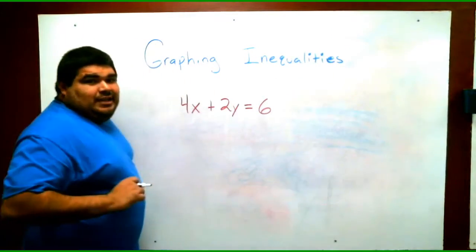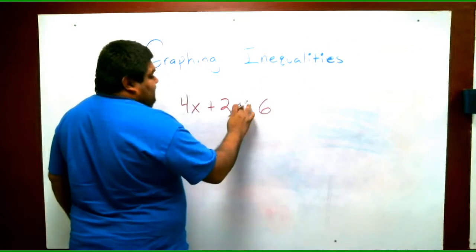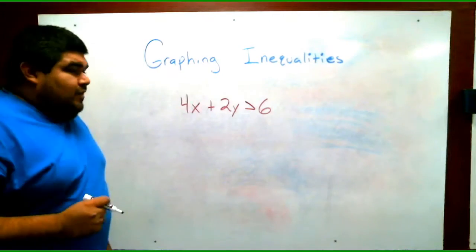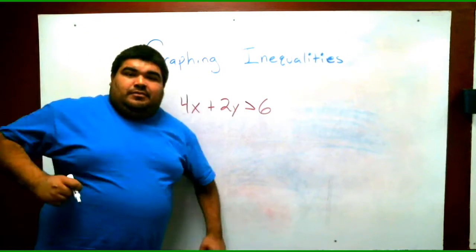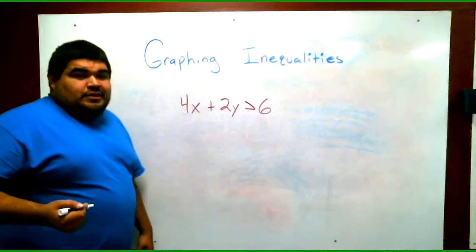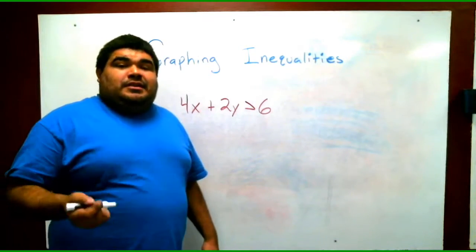Instead of the equal sign, since we're dealing with inequalities, today we're going to have a greater than, okay? Which means that whenever you're dealing with greater than or less than, sometimes you might say equal to as well.